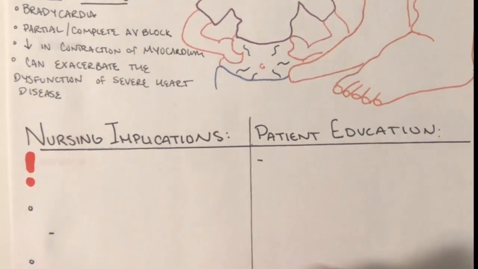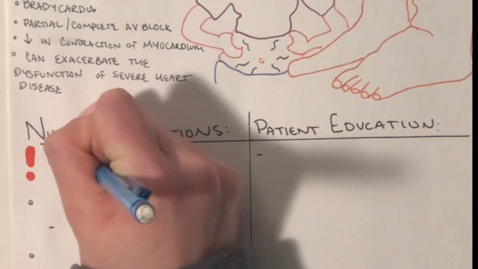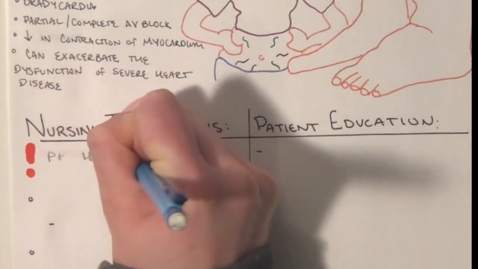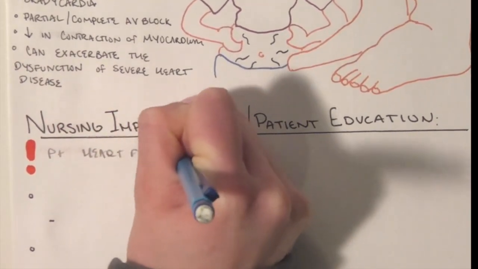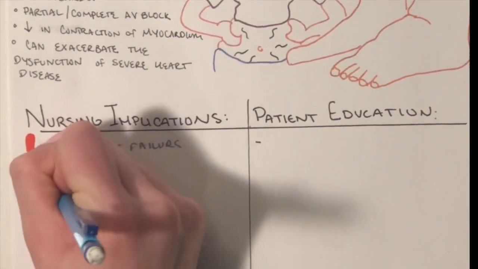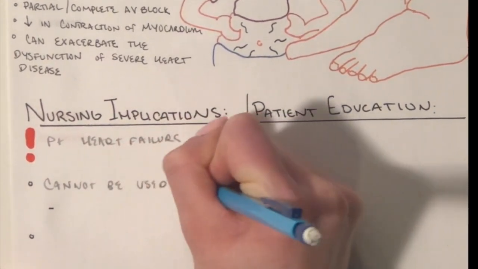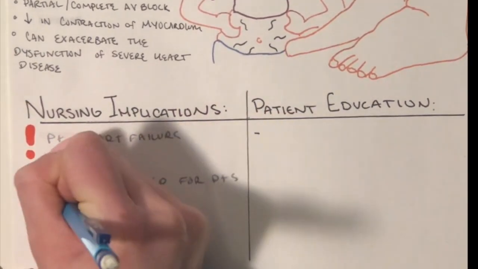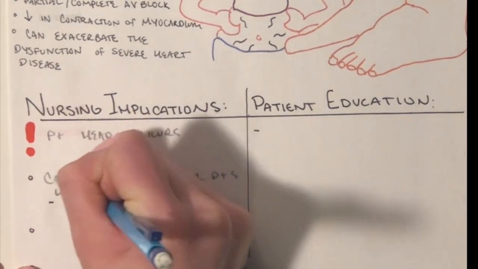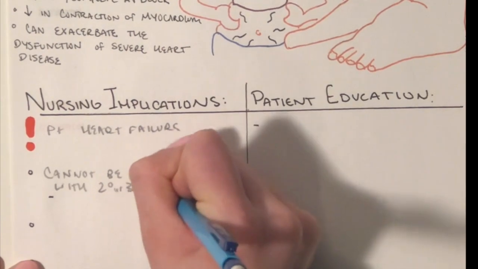Some nursing implications include being cautious with patients with heart failure, seeing that it can exacerbate their symptoms. Moving on, it cannot be used for patients with second or third degree AV block.